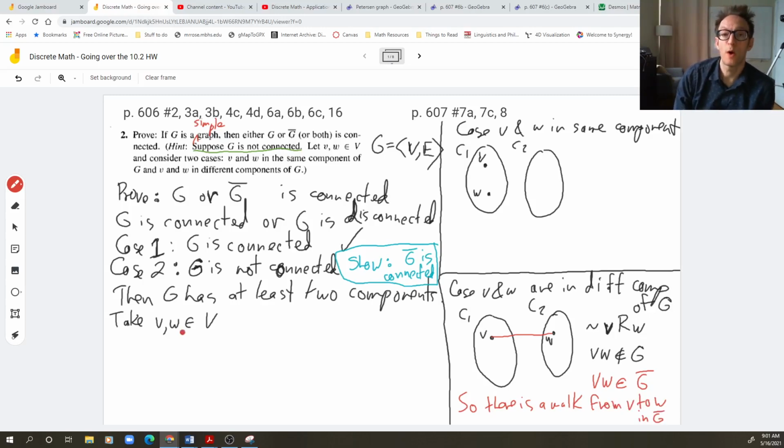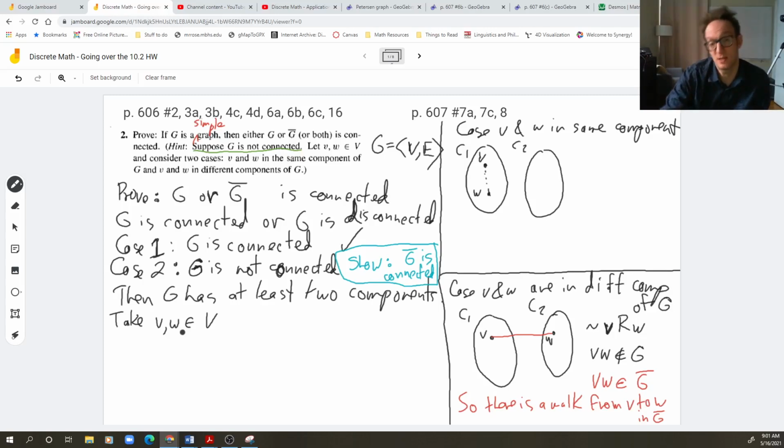All right, what about the case in which V and W are in the same component? Well, now I have to say, so far this doesn't seem to work. If V and W are in the same component, do I know whether there is an edge between V and W or not?